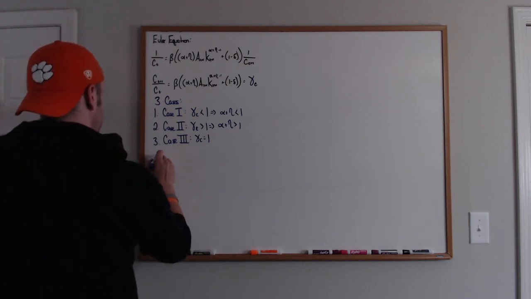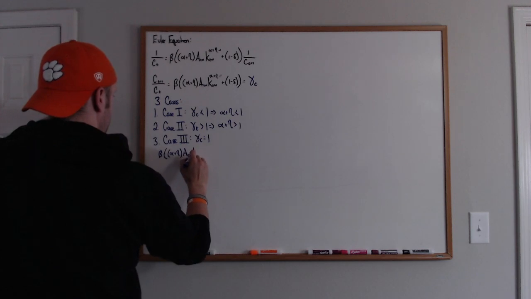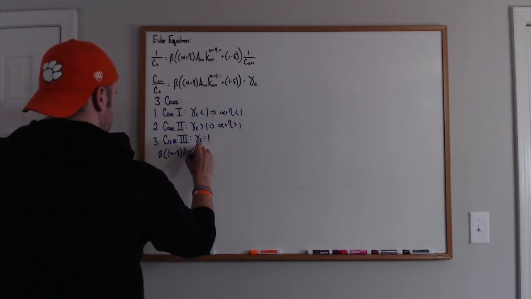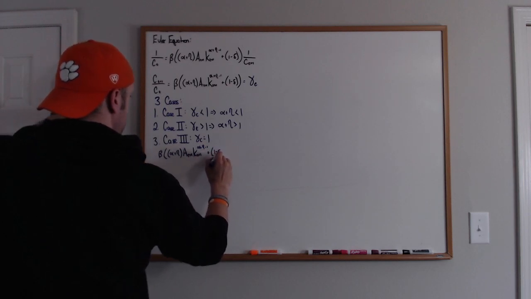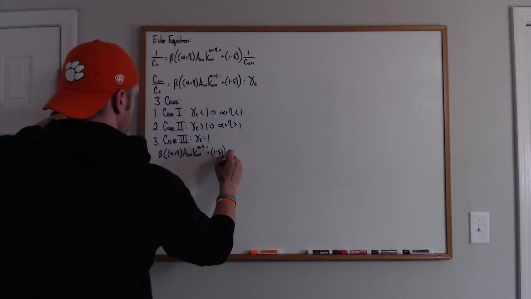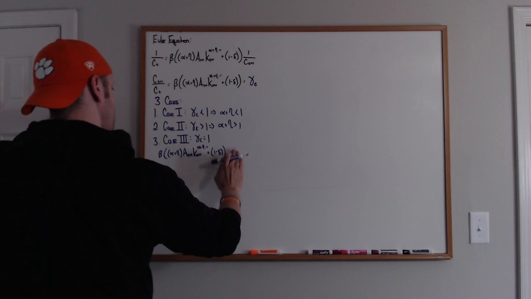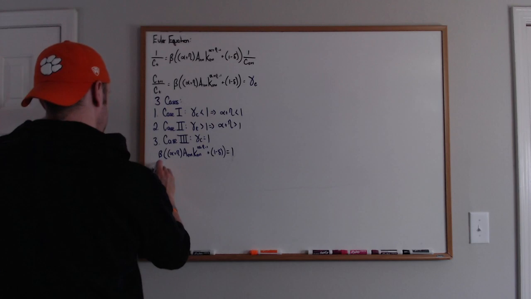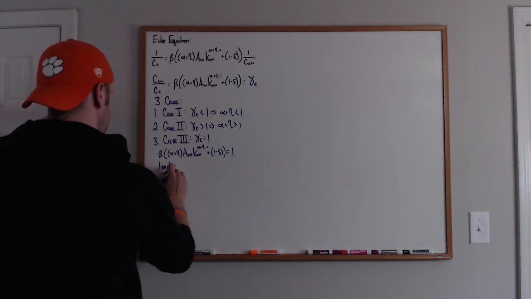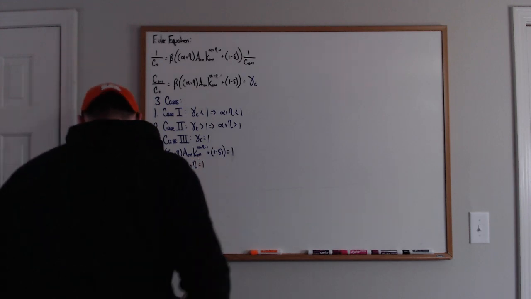So what that tells me is that beta times the marginal product of capital is equal to 1, which therefore implies alpha plus eta is equal to 1.